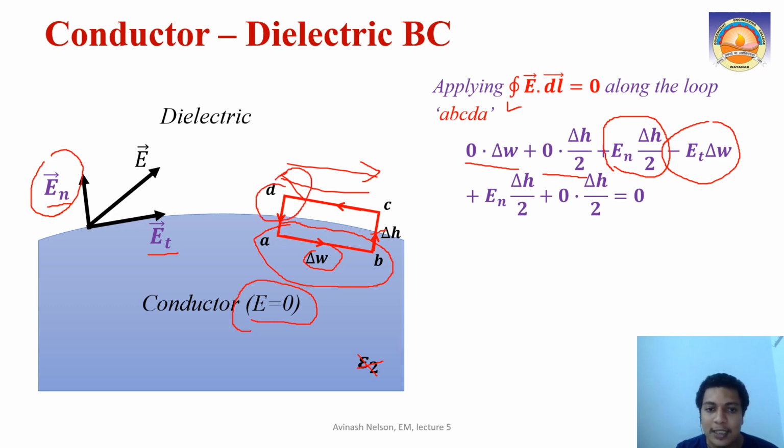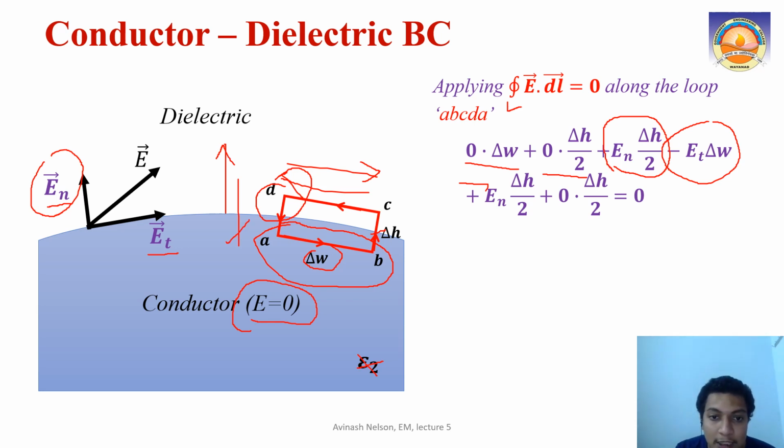One mistake I made here: this is not plus, it is minus, because En is in the upward direction and DA is in the downward direction. So I have to write it that way, minus En into delta S by 2.